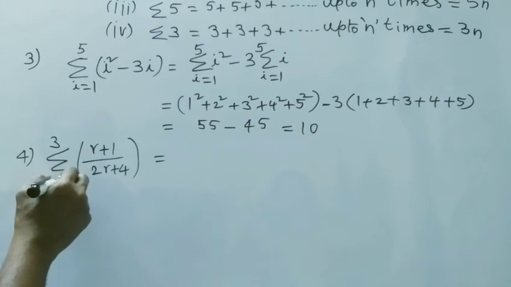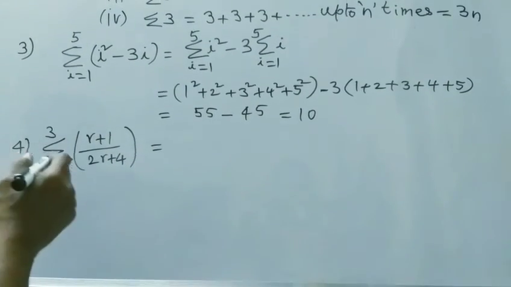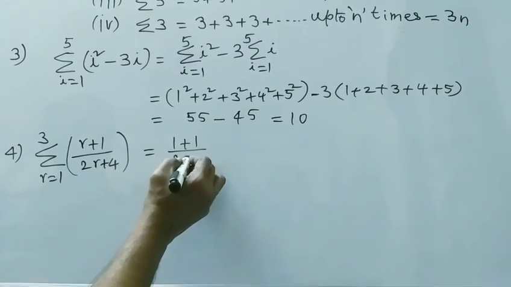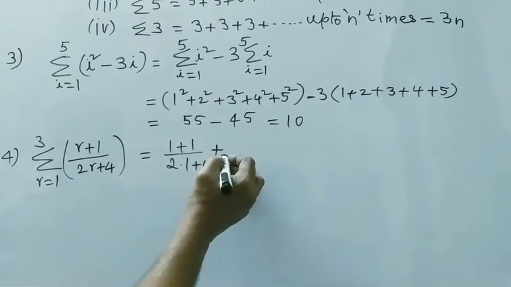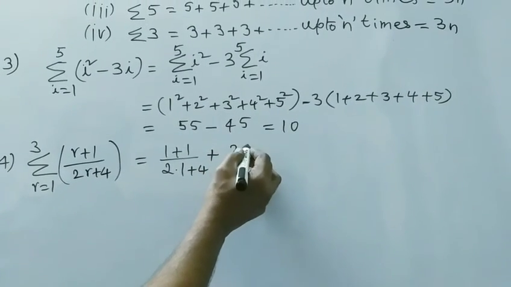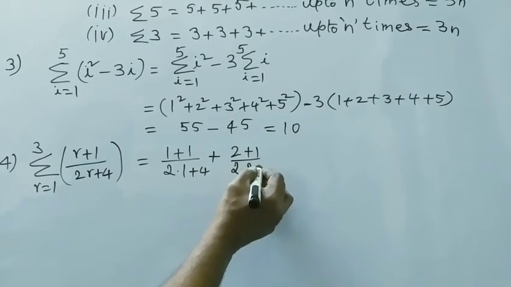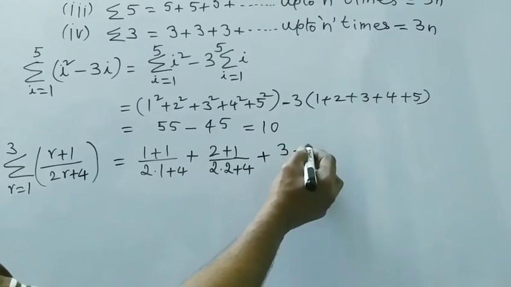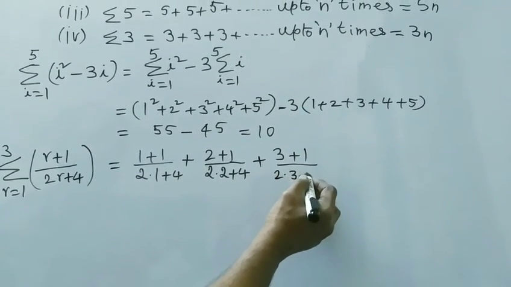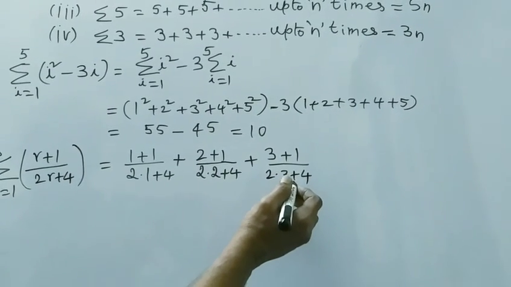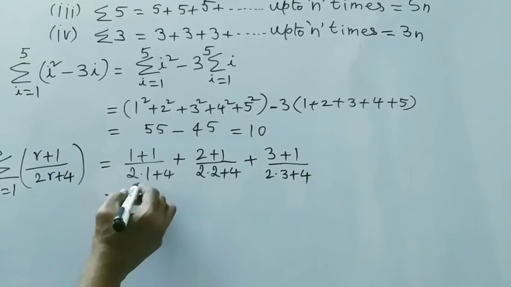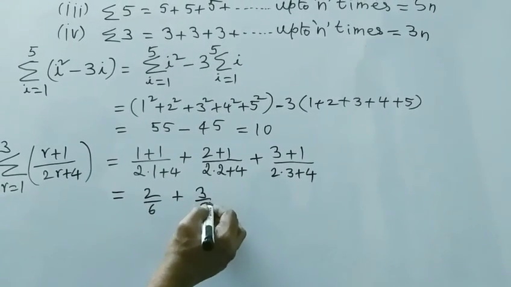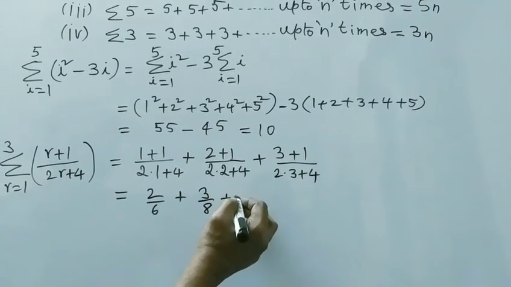On substituting r is equal to 1, 2, 3 in this, it becomes (1 plus 1) by (2 into 1 plus 4) plus (2 plus 1) by (2 into 2 plus 4) plus (3 plus 1) by (2 into 3 plus 4), which is equal to 2 by 6 plus 3 by 8 plus 4 by 10.